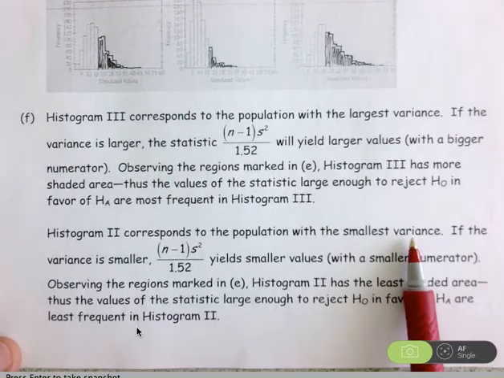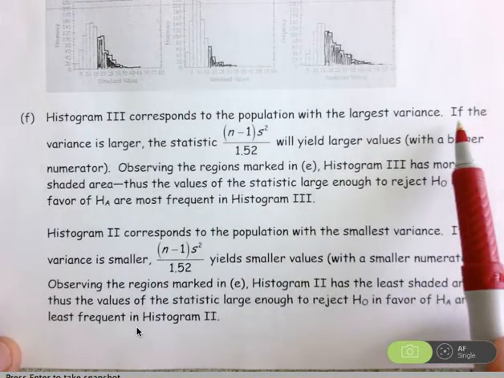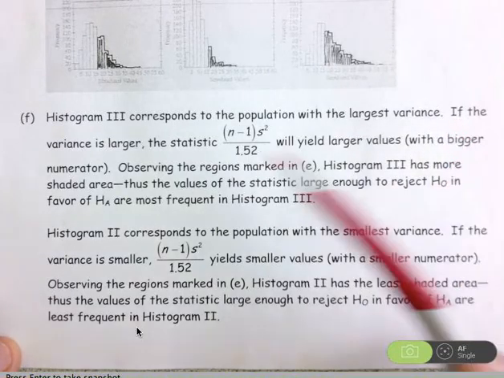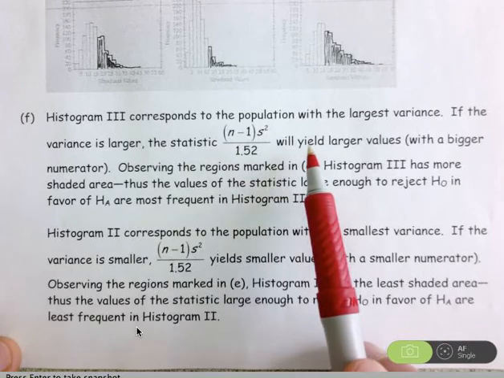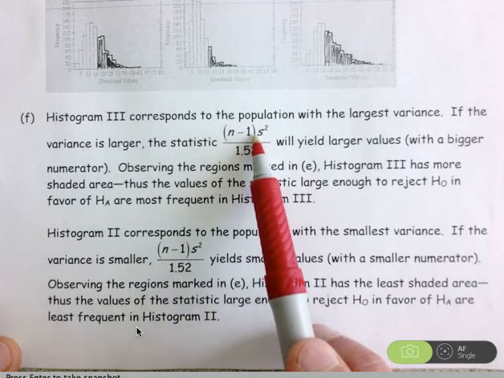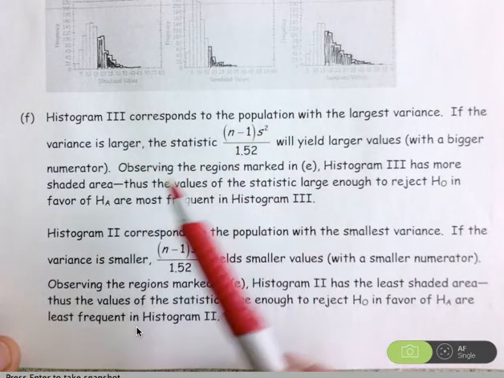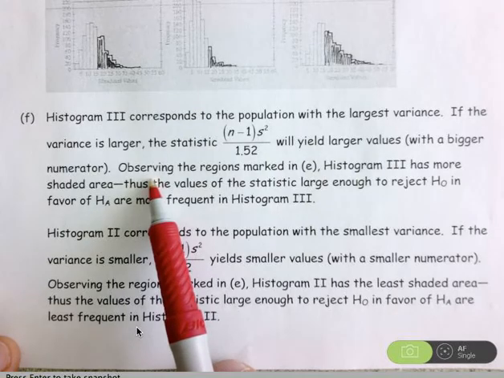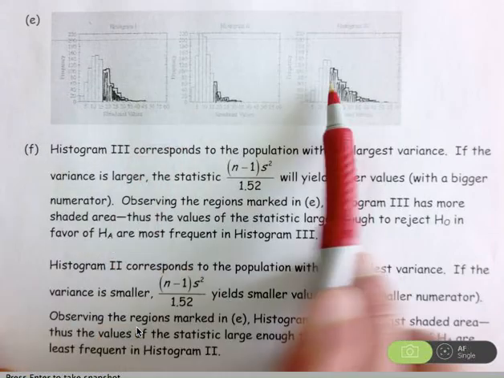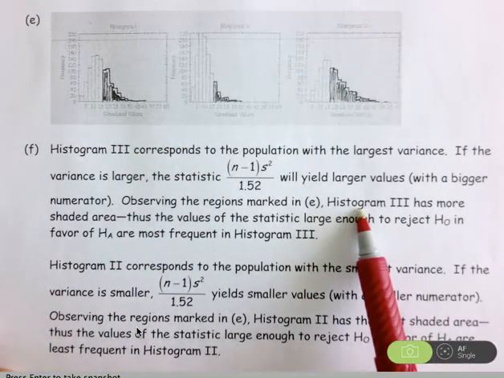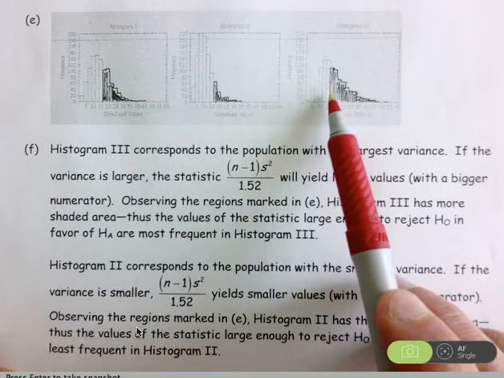So I tried to write these answers carefully for you. So if the variance in the population is larger, this test statistic will tend to yield larger values because it's going to have a larger numerator. So looking at the regions that we marked in part E, it would be good to go back and refer to those. Histogram 3 has more shaded area.